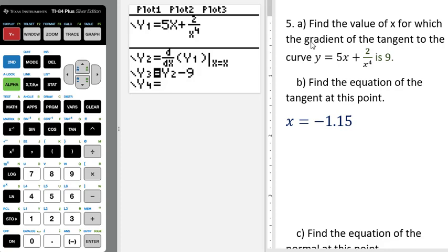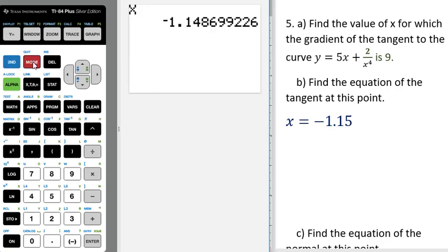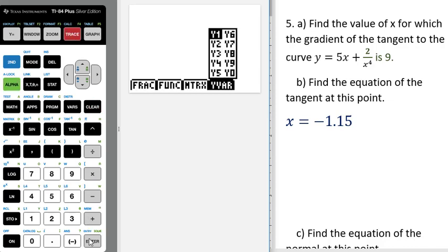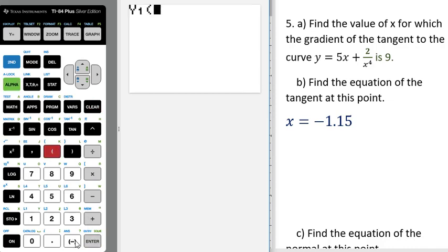According to the given information, we know this 9 is the slope of a tangent line. So we need y1. We quit. Then go to alpha trace, enter. We plug in -1.15.